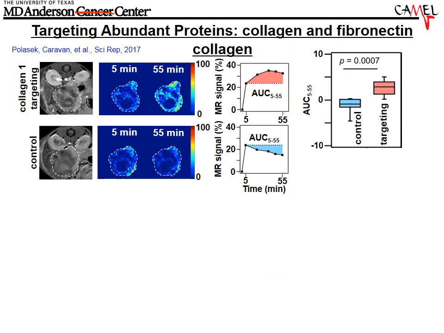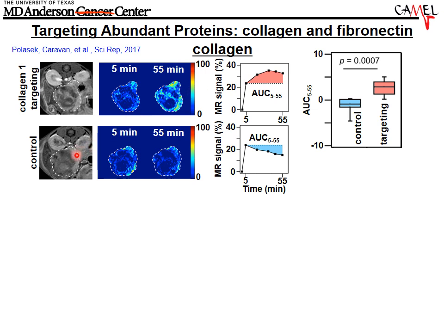However, there are alternatives. We could detect a very abundant protein within the extracellular tumor microenvironment, not a cell receptor. In this case, collagen, studied by Peter Caravan and colleagues, was targeted with a collagen 1 targeting peptide that was labeled with gadolinium. You can see uptake after almost an hour, showing that there was an enhanced uptake and retention of the agent in this tumor.